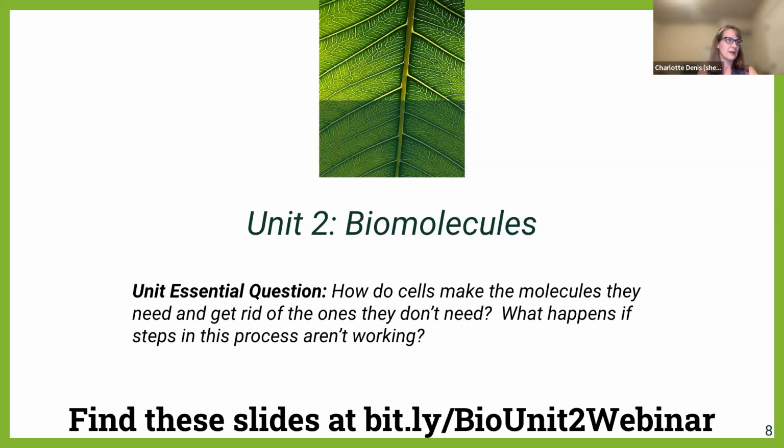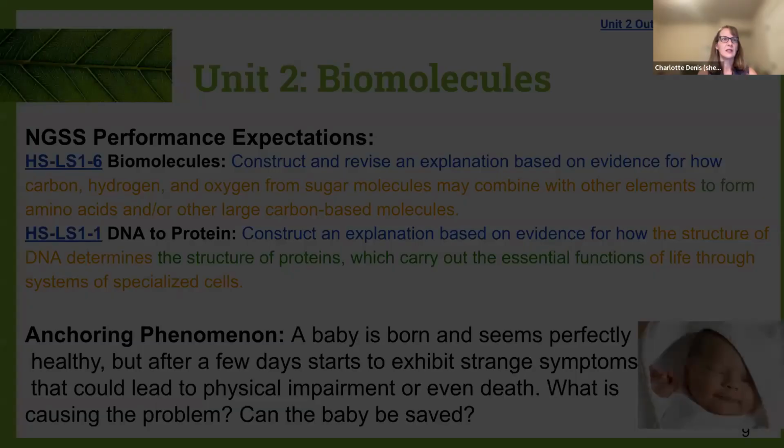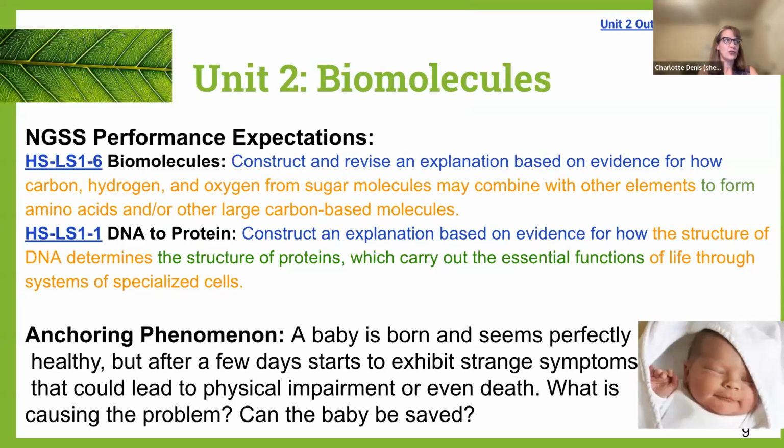In this unit, we're answering a couple of essential questions. First of all, how do cells make the molecules they need and get rid of the ones that they don't? And what happens if steps in this process aren't working correctly? We are addressing 2 NGSS performance expectations in this unit, the biomolecules performance expectation and also DNA to protein.